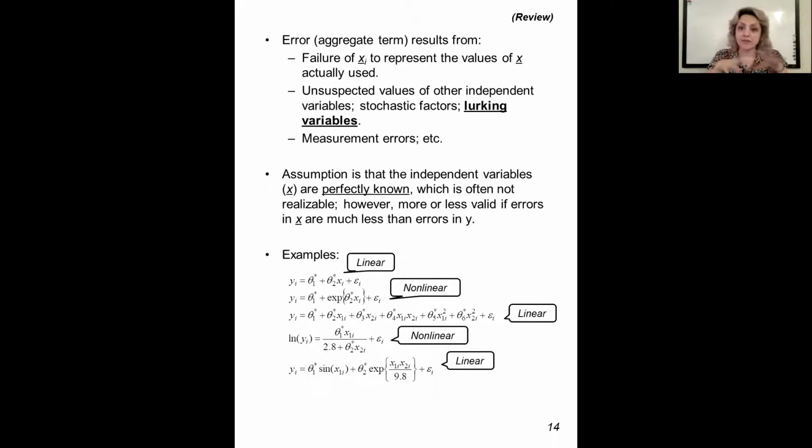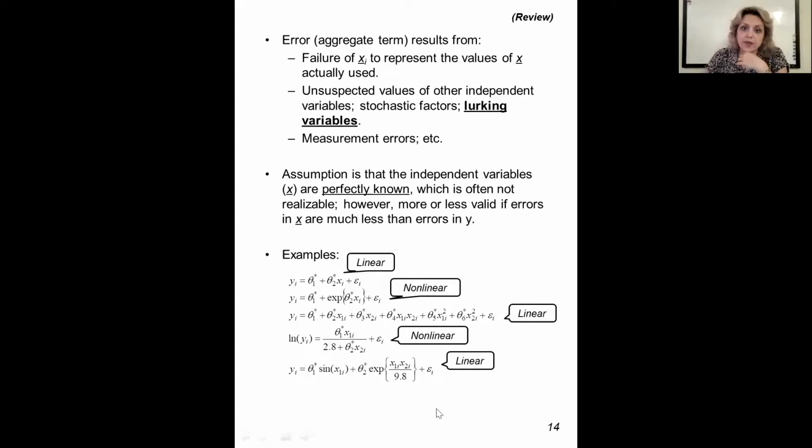Because we have different errors, we would have different types of sources for the errors as well. So here it is written, for example, unsuspected values of other independent variables, stochastic factors, lurking variables, and impurities. All of these would cause errors as well.